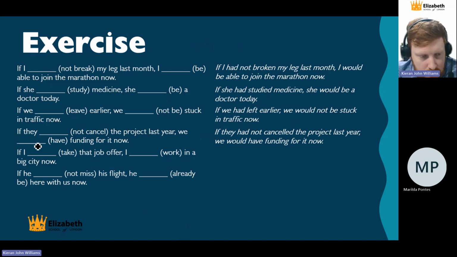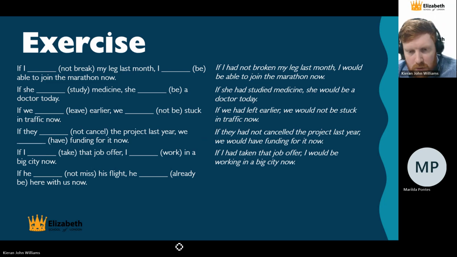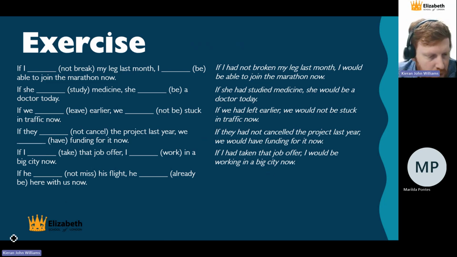Next one. So again, we just follow the same structure. So if plus had plus third form, would and base form. So if I had taken that job offer, I would work in a big city. Or would be working, if you want to make it continuous. And then the same one for the last one.